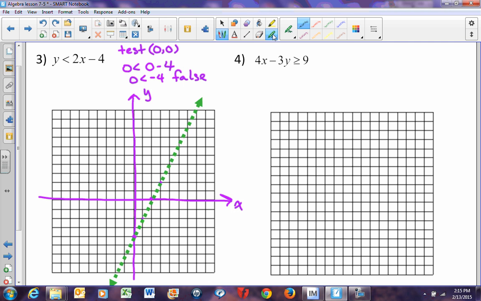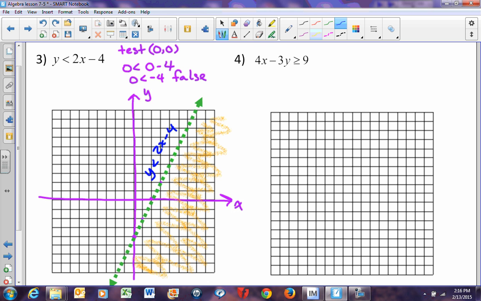And just for fun, I'm going to shade this in this color here. So there we go. I'm shading where 0, 0 is not. And the last thing I'm doing is I'm going to label my equation. Y is less than 2x. And there you go. A nice colorful little graph.